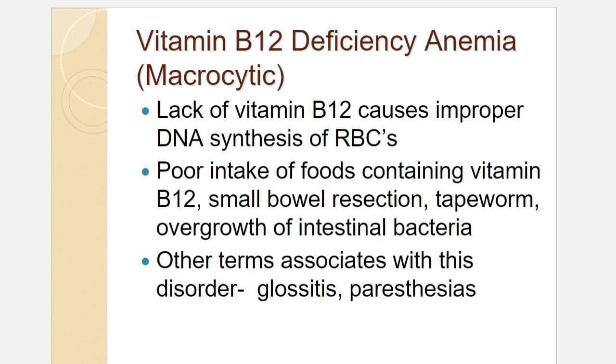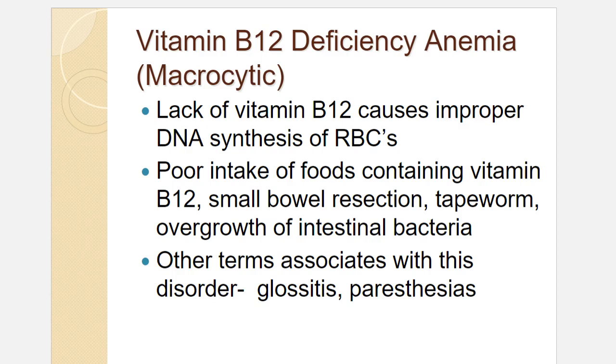It could be the fact that you don't have part of your small bowel because you don't have the intrinsic factor, diverticula, tapeworm, or overgrowth of intestinal bacteria that can lead to poor absorption of vitamin B12 from the intestinal tract. We call that failure to absorb B12 pernicious anemia.